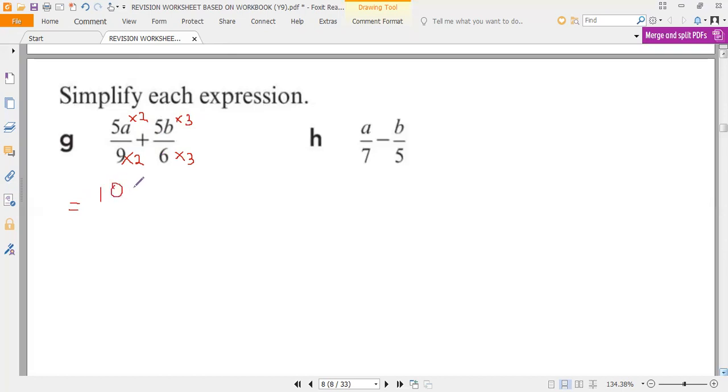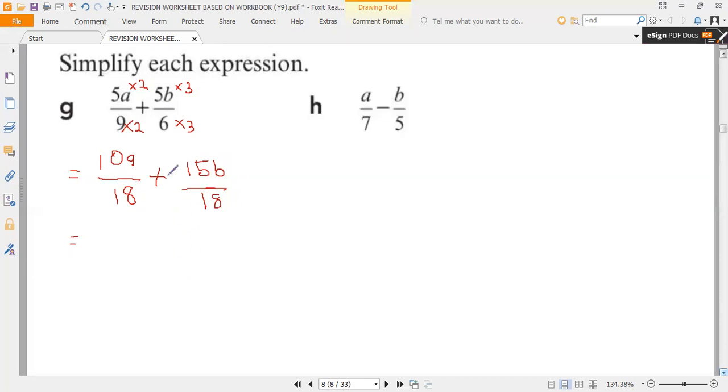So 10a over 18 plus 15b over 18 equal to, since 10a and 15b are unlike terms, we cannot simply plus them, right? So we just have to write 10a plus 15b over 18.